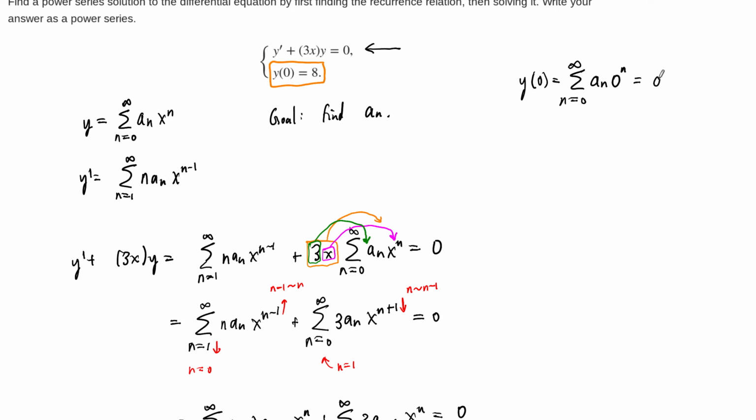So this actually equals a sub 0 plus 0 plus 0 plus 0, etc. Alright, and so y sub 0 is equal to a sub 0. And so this piece of initial data, this will always be the case. This piece of initial data right here tells us that a sub 0 is equal to 8. That's going to be very important, right? It's going to be part of our solution for the coefficients here.